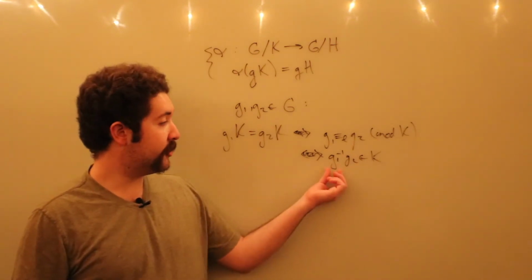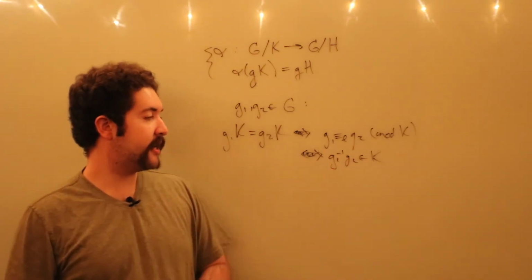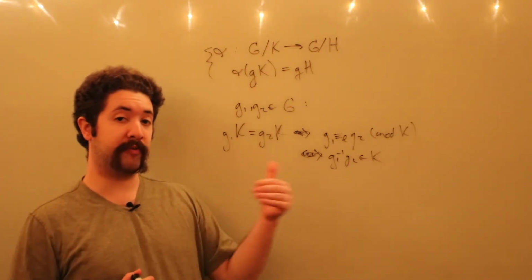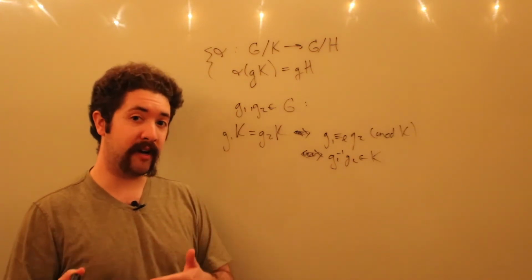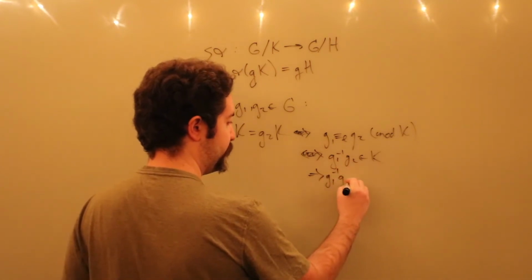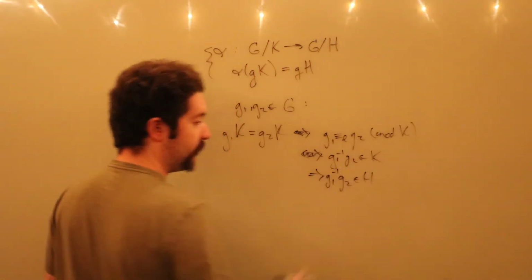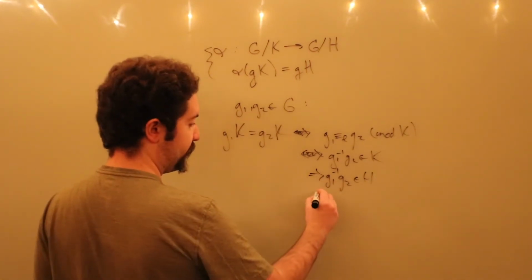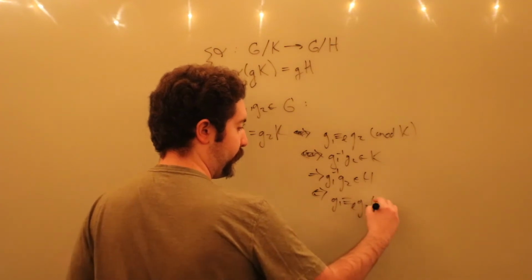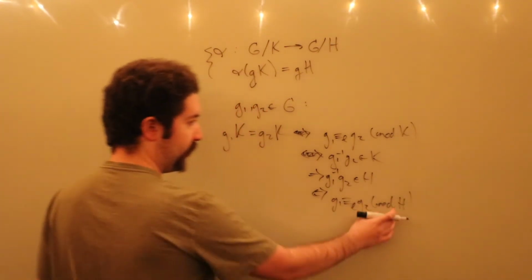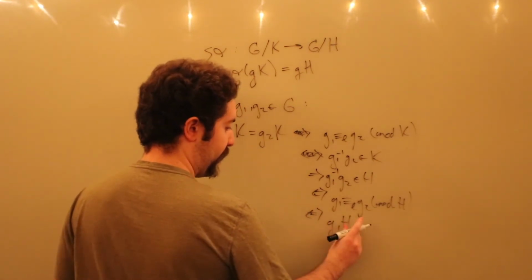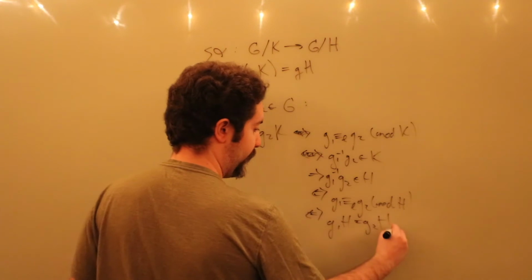Now, because g1 inverse times g2, this product, is in the subgroup K, and in the statement of the theorem we assumed that K is a subgroup of H, and thus a subset of it also, then we must also have that g1 inverse g2 is in the larger group H. This is true if and only if g1 is left congruent to g2 mod H, by the same ideas up here, and this is true if and only if g1H is equal to g2H.